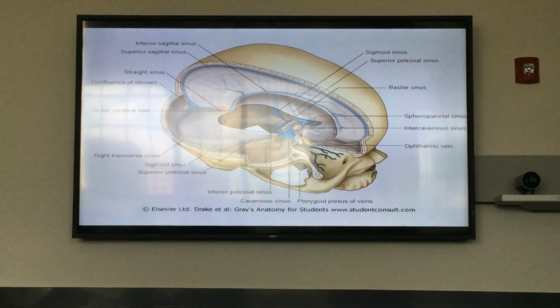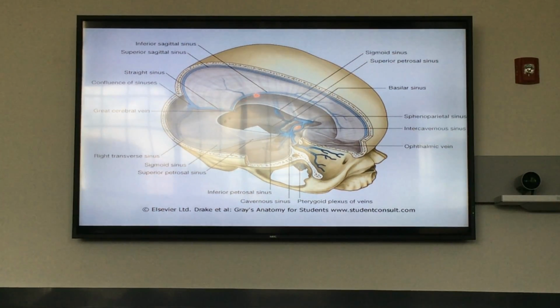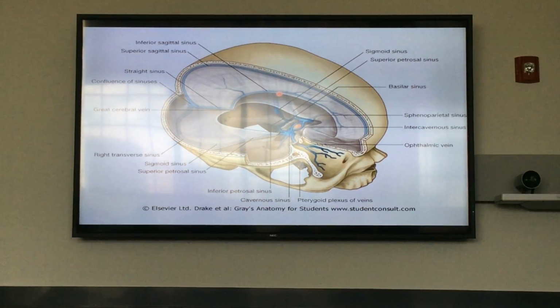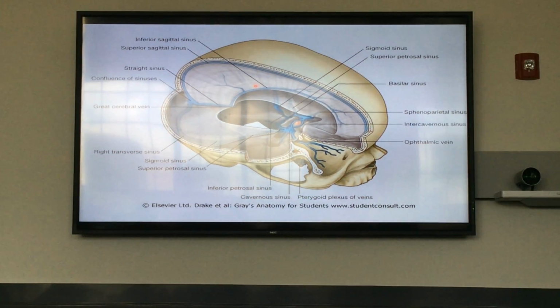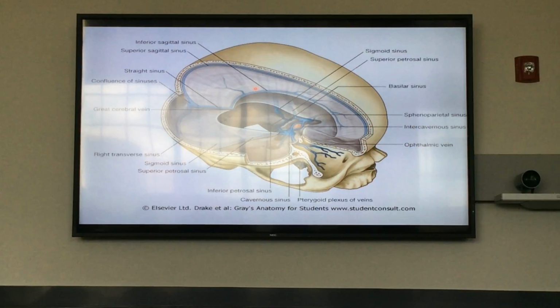You've got a straight sinus, and at the free edge of the falx cerebri is where you're going to find the inferior sagittal sinus. Now again, these are specializations in the dura that are allowing the cranial cavity to be drained of deoxygenated blood. The inferior sagittal sinus will drain back into what we call the straight sinus.